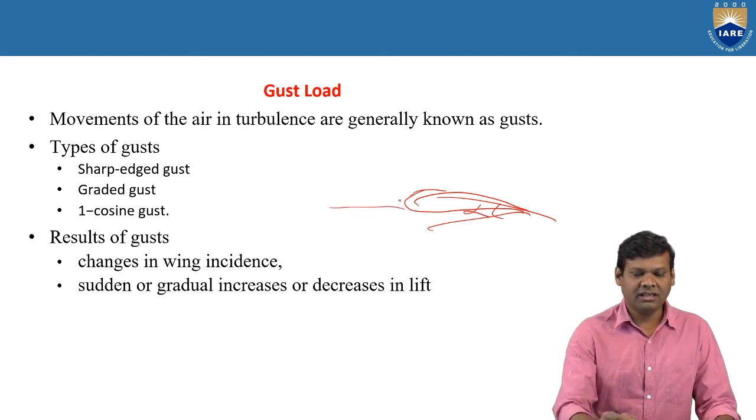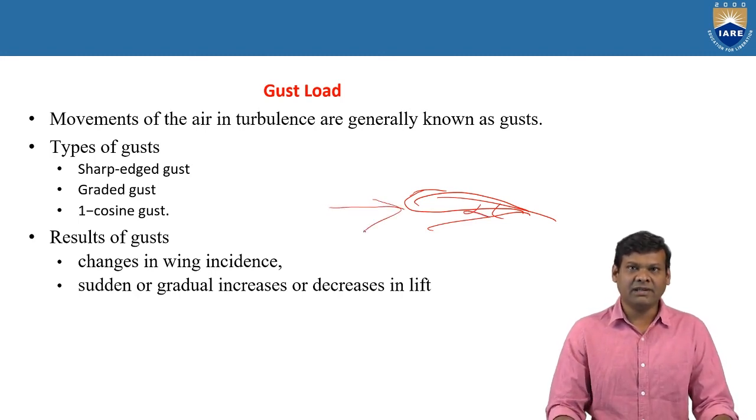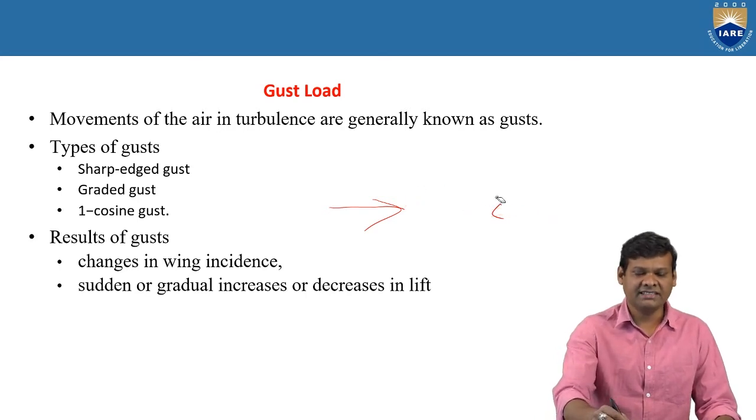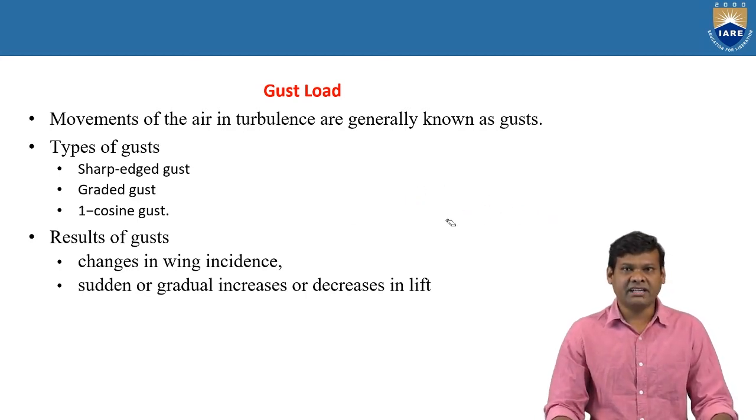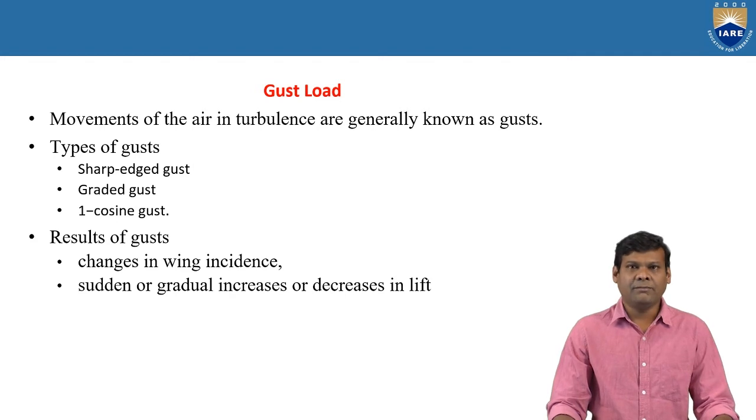When the velocity is increased, ultimately because of downwash, the wing incidence increases, and there might be a sudden or gradual decrease in the lift. As a result, the aircraft may level up or level down.